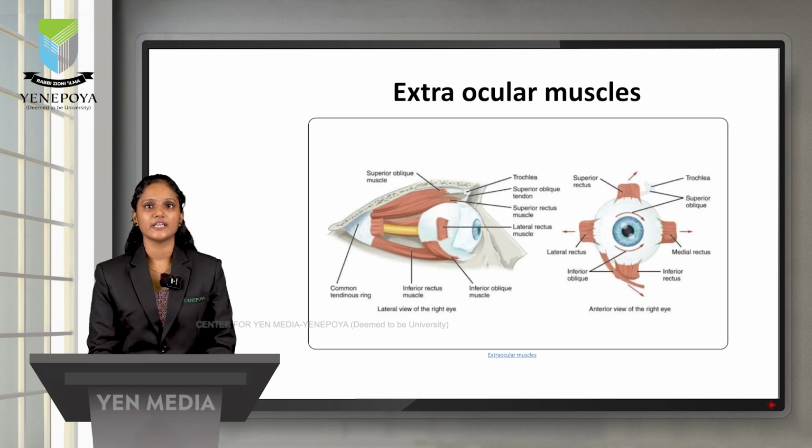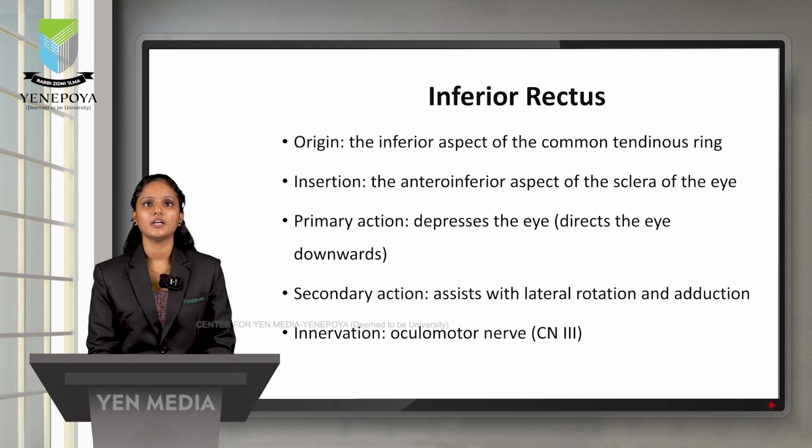In the figure also we can see that it is originating from the common tendinous ring and gets attached to the superior part of the eyeball. Next is the inferior rectus muscle. It originates from the inferior aspect of the common tendinous ring and gets inserted into the anterior inferior aspect of the sclera of the eye, and its primary action is to depress the eye.